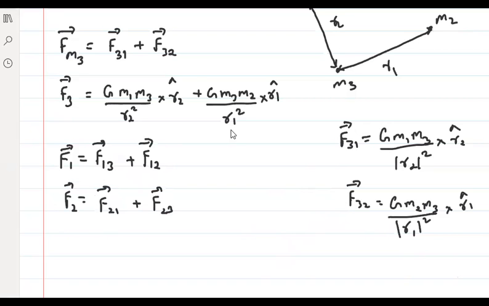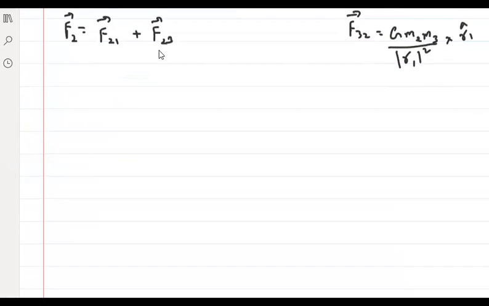Now let's generalize this. So what does the superposition principle say? Suppose I'm having n objects, or n particles having different masses.